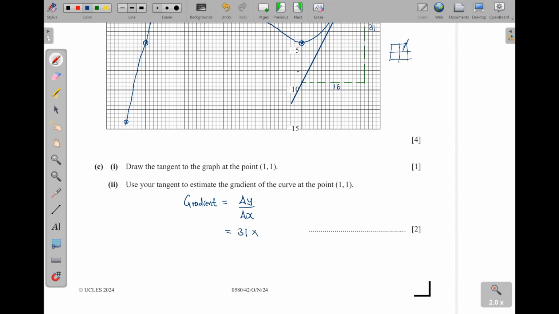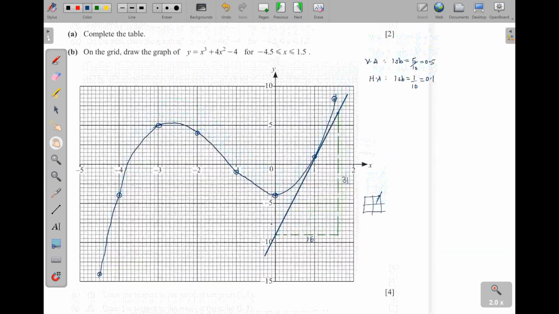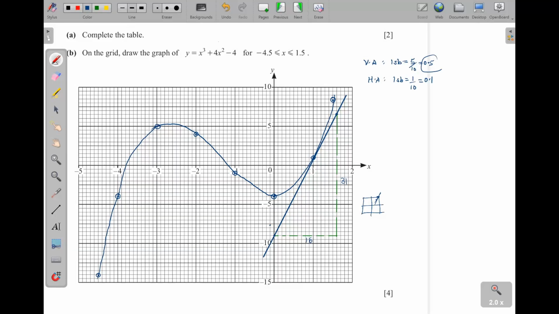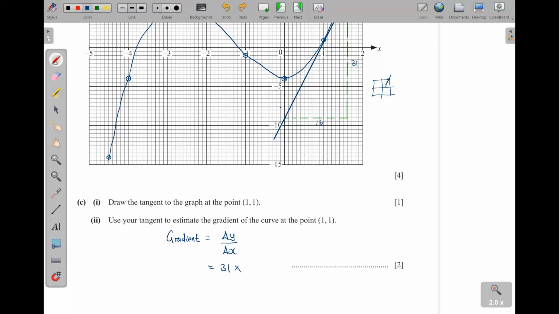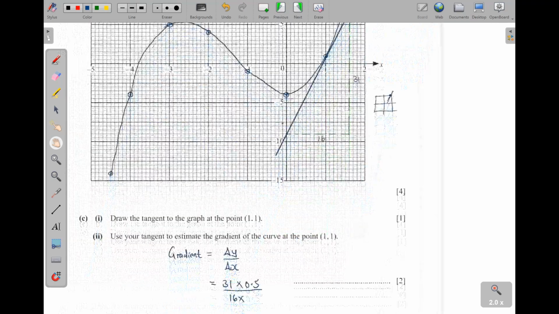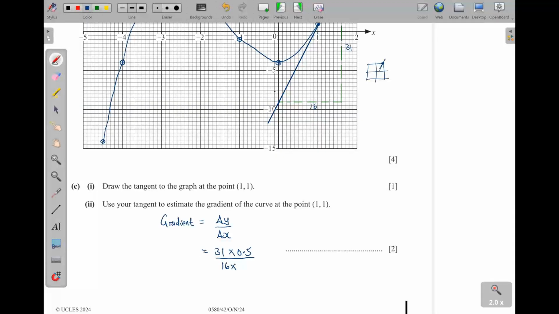But each small box is equivalent to 0.5, which I wrote here. So that means I'm going to multiply the 31 by 0.5. And then down here, we are having 16, times the equivalence of a small box, which is 0.1.